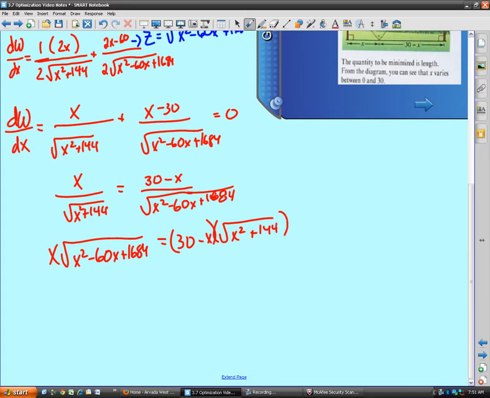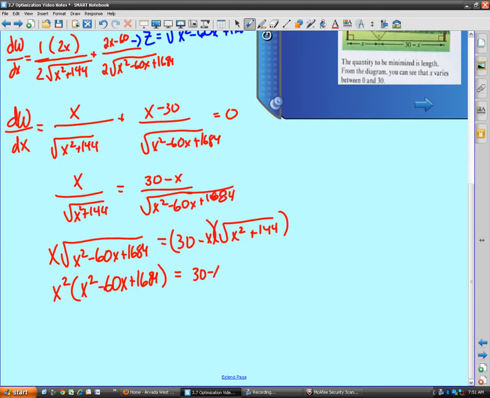So I get something that looks like this, and then unfortunately I have to multiply. I'm going to square both sides. That will remove the square roots, and that'll help a little bit. This side becomes x squared times this thing, and over here I get 30 minus x squared, and then I lose the square root of that.